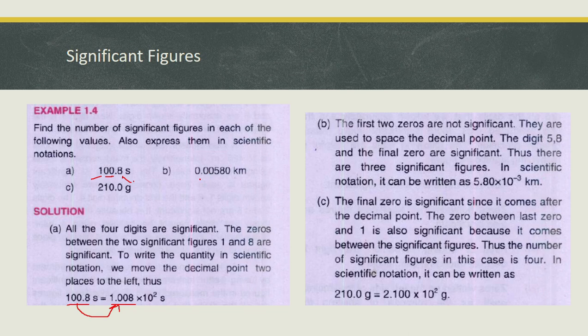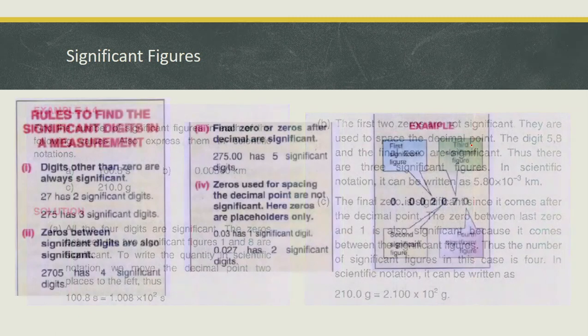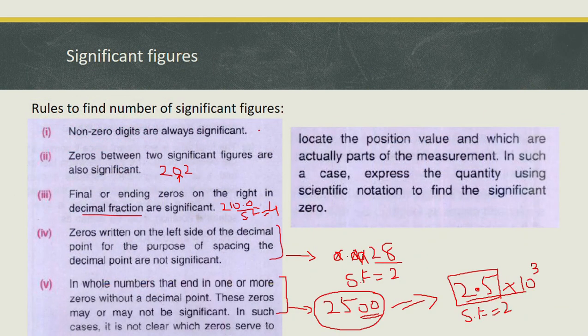Similarly, in the second example, you see these two zeros are not significant because they are on the left side of the significant numbers, and there is no significant number on the right side of these two zeros. So these first two zeros are not significant. They are used to space the decimal point, as we see here that zeros written on the left side of the decimal point for the purpose of spacing are not significant.